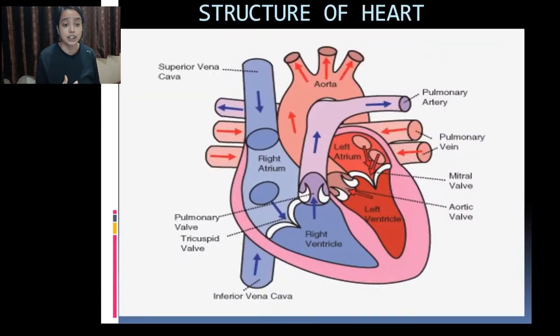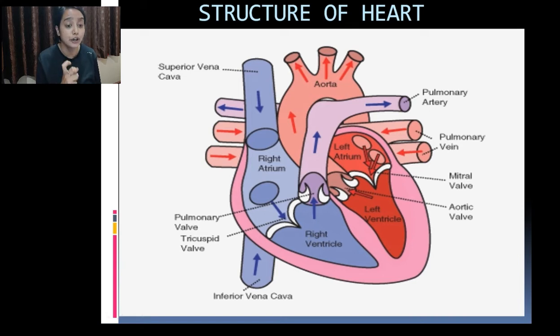Let us study the structure of the heart. The heart has mainly four chambers. On the right side, above is the right atrium and below it is the right ventricle, and on the left side, above is the left atrium and below it is the left ventricle. Between the right atrium and right ventricle there is an opening valve.